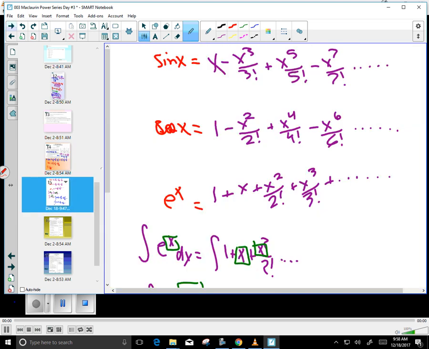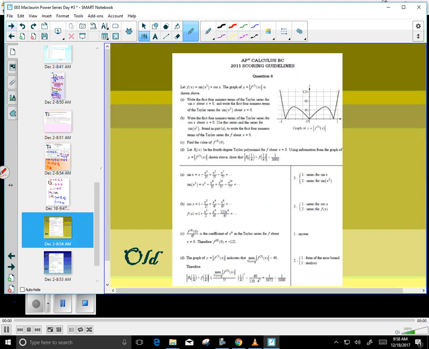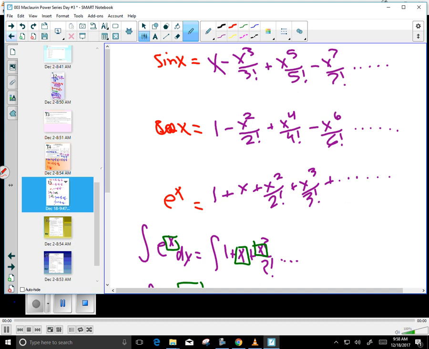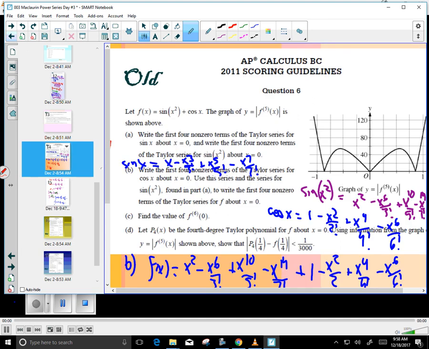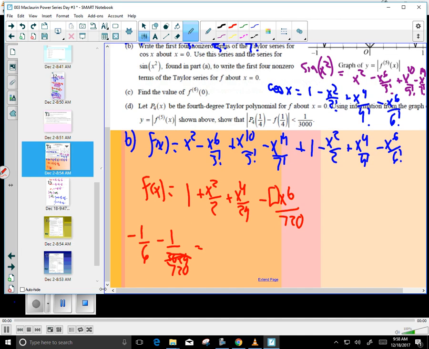I think I have the answer here instead of torturing myself. Yeah, it's negative 121 over 720, x to the 6 over 720. This is 4 factorial.